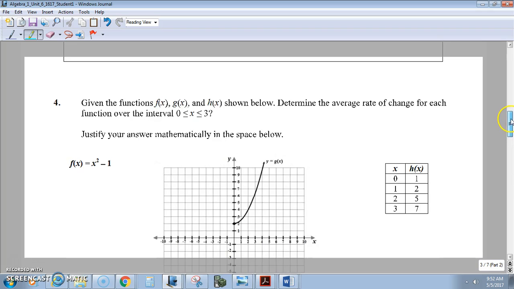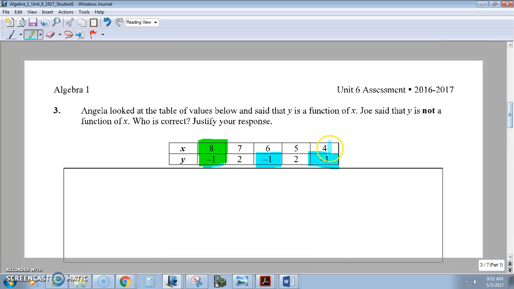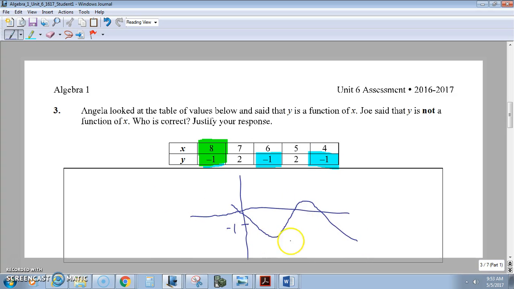If you graph what that looks like, let's say my output is negative 1, which is right here, okay? I can have a graph that hits negative 1 3 times. That's fine. Negative 1 here, negative 1 here, negative 1 here. That still passes the vertical line test.